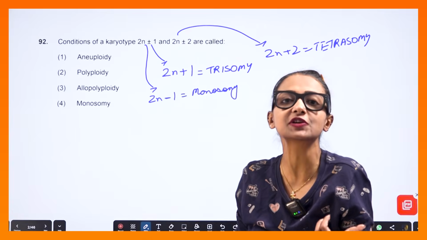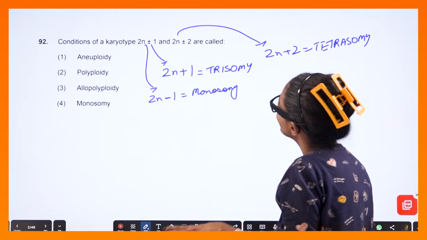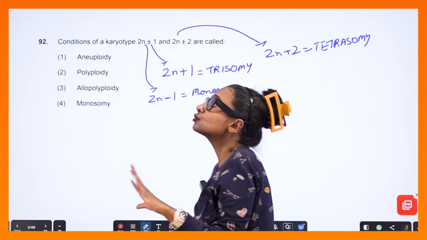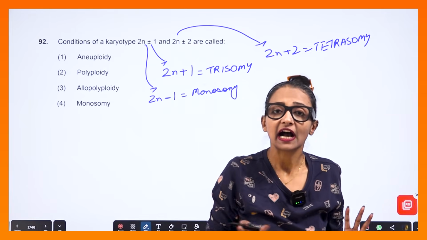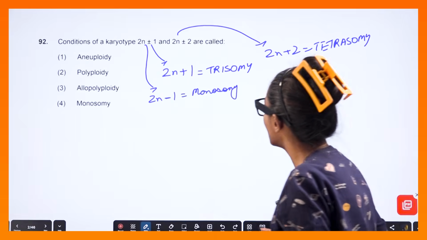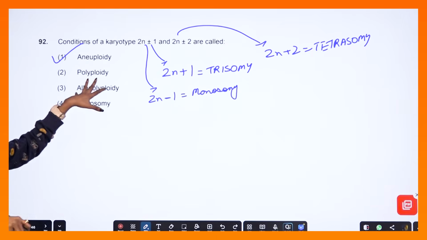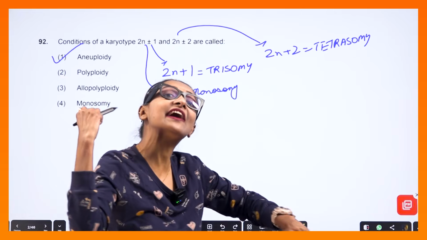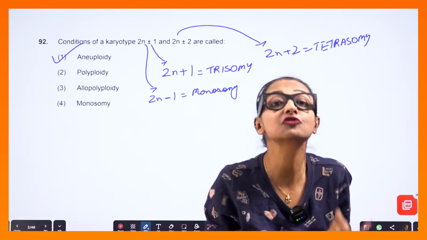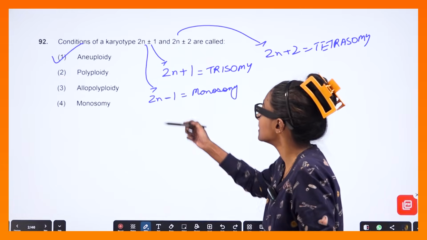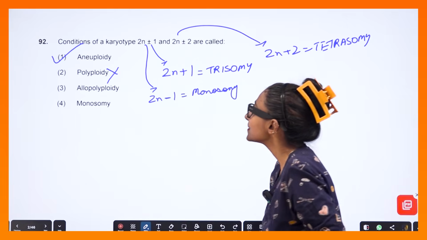Like 2n, I'm not converting it to 4n. What I'm doing is just changing two or three chromosomes here and there. I'm not disturbing the entire ploidy. Then that is called aneuploidy. Whereas in polyploidy, the entire set might become 3n, 4n or 6n. So this is not true.